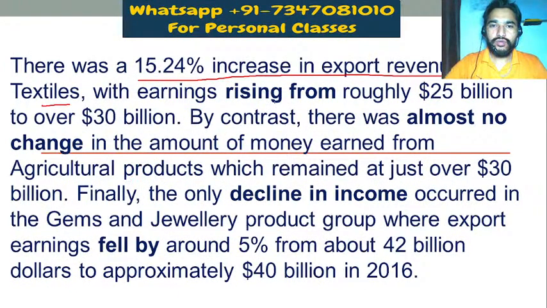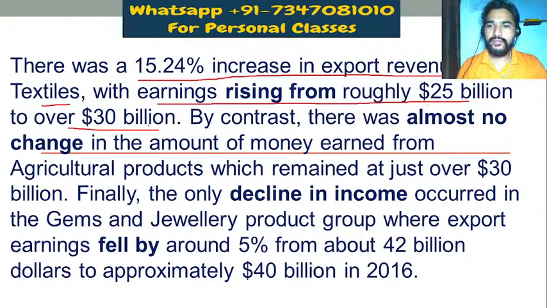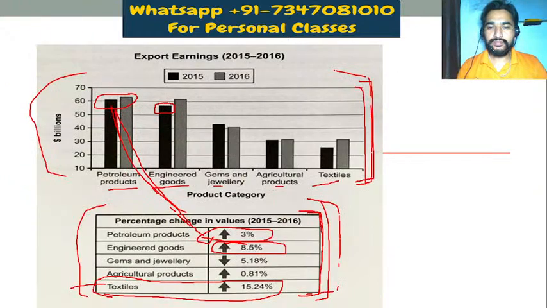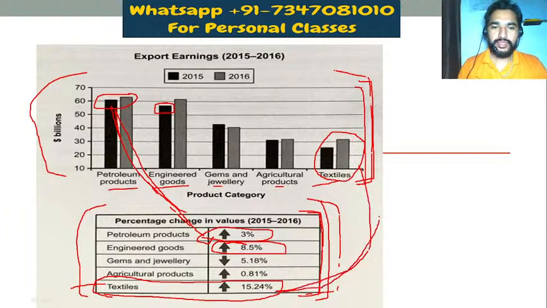So the earning rose from roughly 25 billion to over 30 billion. So it was at 25 billion in 2015 and went to 30 billion in 2016. So that is a 15% increase in the textile industry. Textile export earning, 15% increase.